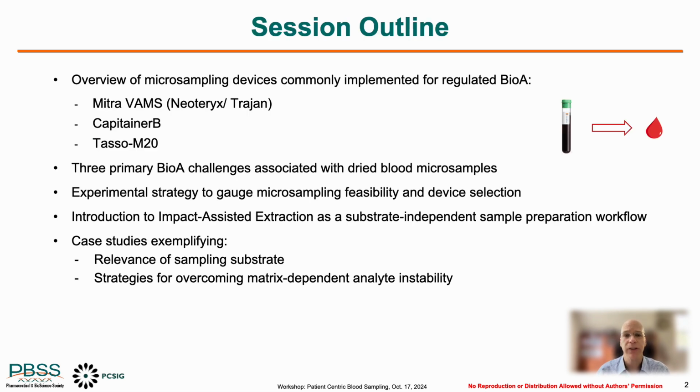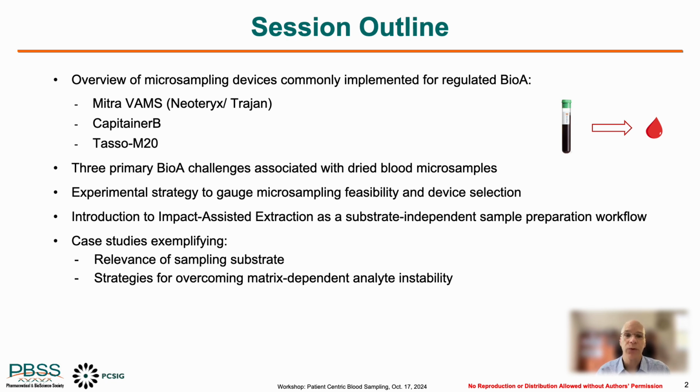In terms of session content, I'm going to highlight some of the advantages and disadvantages of the most common microsampling devices that we've supported in our lab. These include the Mitra, Capitainer B, and Tasso M20. We'll then consider three interrelated primary BioA challenges associated with dried blood microsamples, and then examine an experimental strategy that not only establishes method feasibility, but assists in actual device selection.